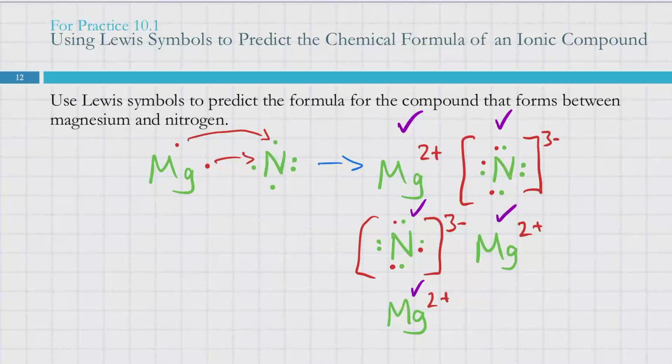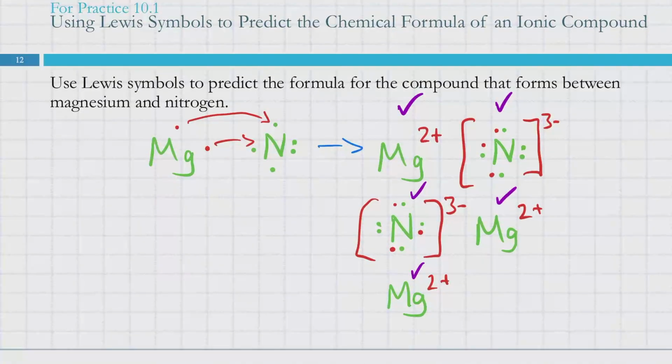So it also has a full octet. Now everything that we've got, everything that we've placed down after our initial 2, these all have full octets. How many magnesiums do we have? 3. So this predicts a formula of Mg3. And how many nitrogens do we have? N2.